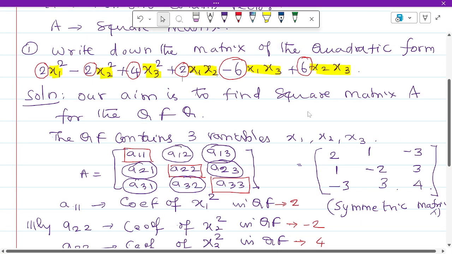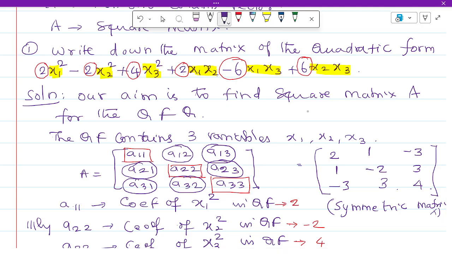Next one is x1, x2. For that x1, x2, you take that 1 by 2. Don't write directly the 2 and 2 here. That will be wrong. If you are writing the coefficient directly, then it will be wrong. Listen, x1 square, x2 square, x3 square should be in the diagonal. Clear?